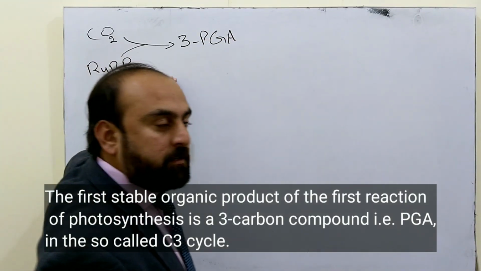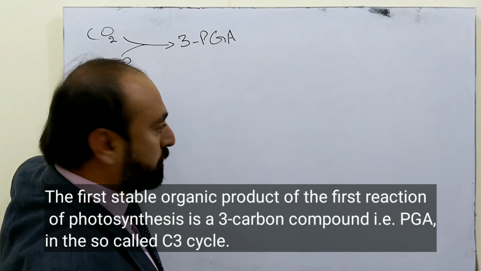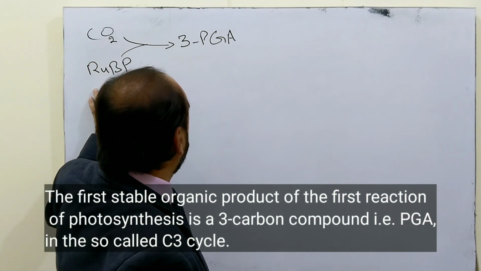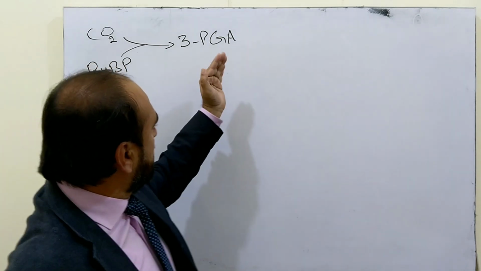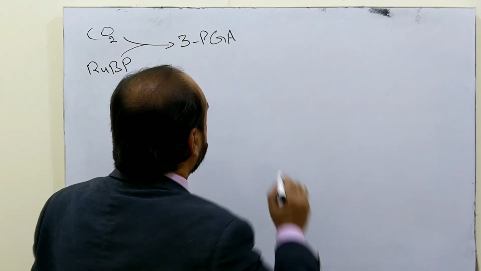This is the carboxylation step, where carbon dioxide is added to a 5-carbon sugar, that is ribulose 1,5-bisphosphate, and it is converted to a 3-carbon sugar, 3-phosphoglycerate.